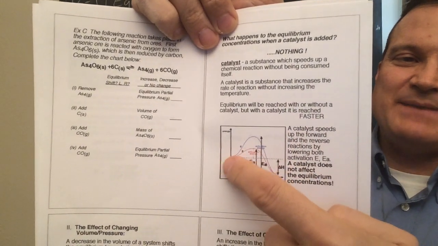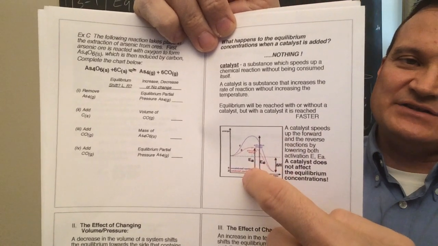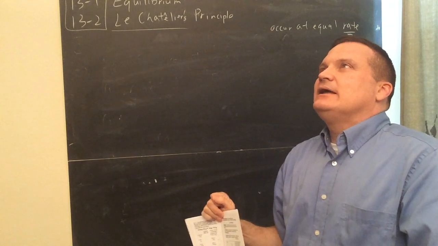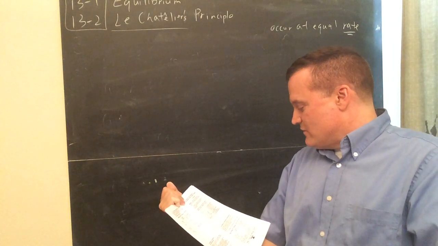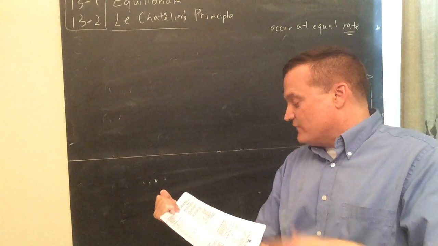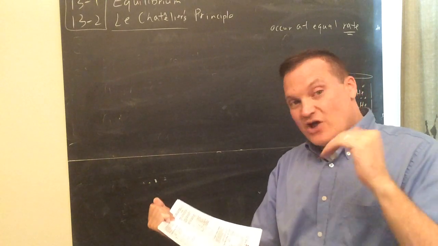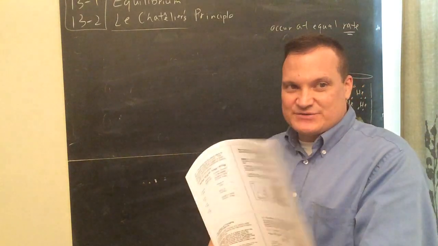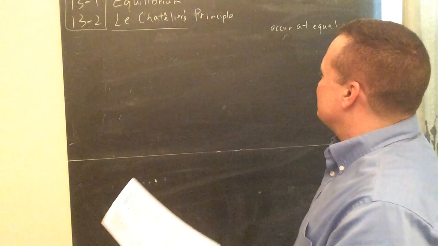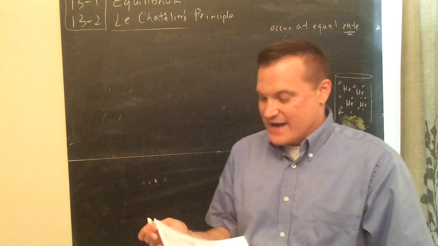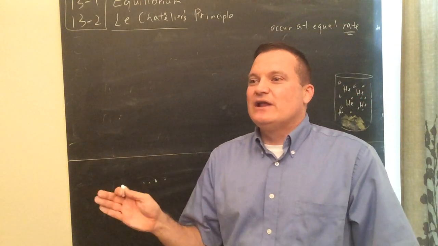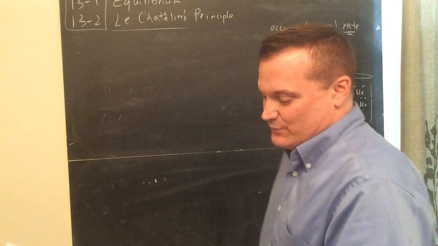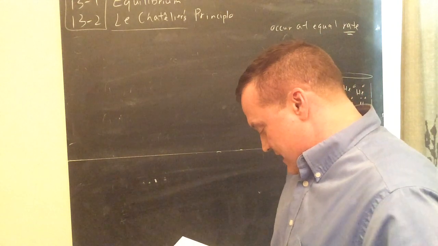Adding a catalyst just lowers the activation energy, so it causes the reaction to go faster, but it does not affect equilibrium concentrations. That's an interesting thing to know. Just remember that. So adding a catalyst, you get to equilibrium faster, but once you're at equilibrium, the numbers are the same as they would have been if you had not used it.